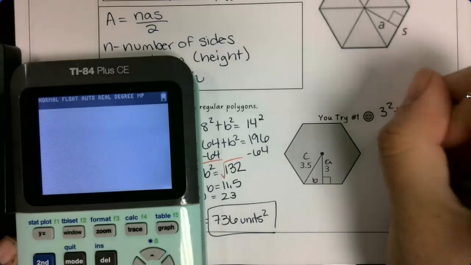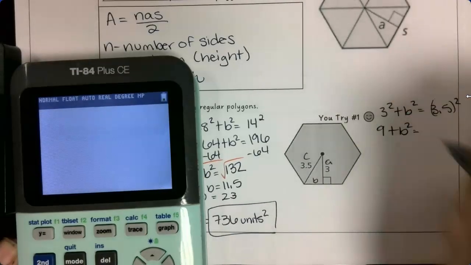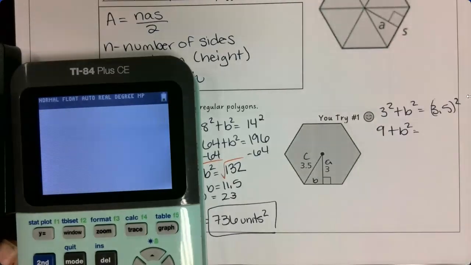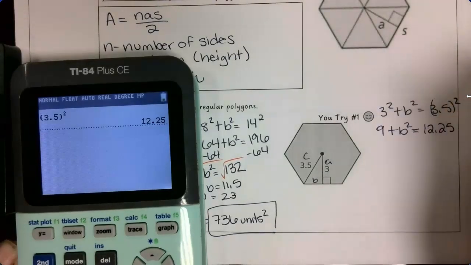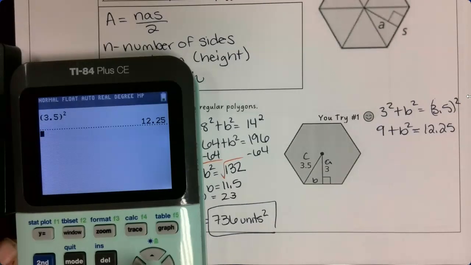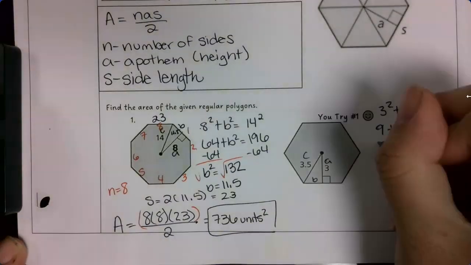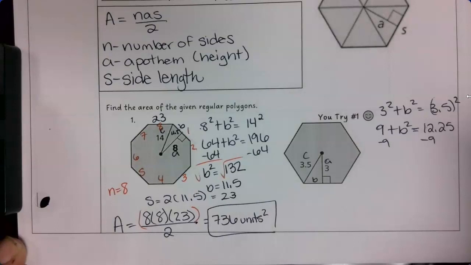I know 3 squared is 9, and 3.5 squared is 12.25. So then I subtract 9 on both sides. I get B squared equals 3.25.